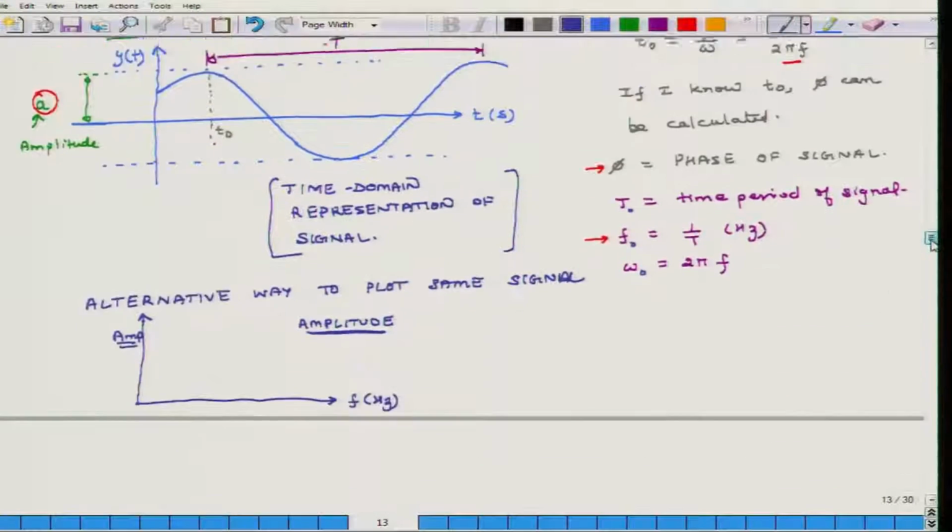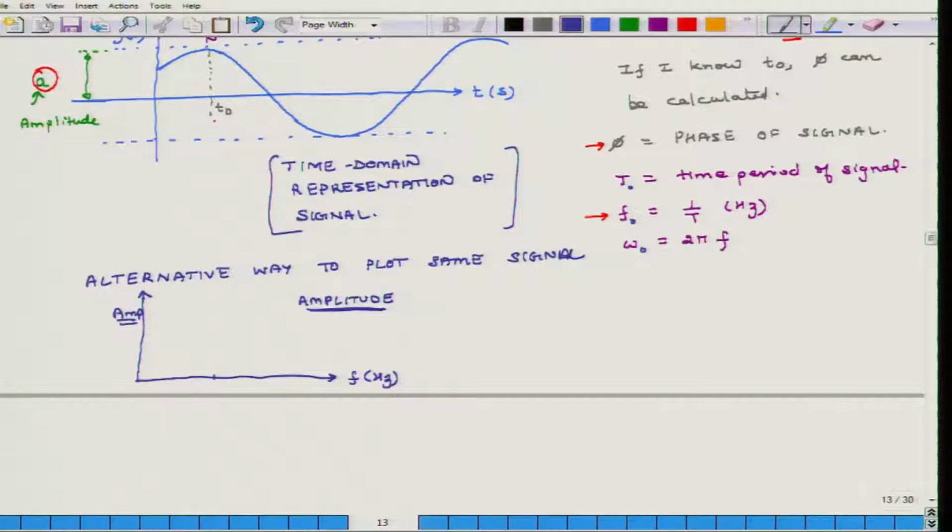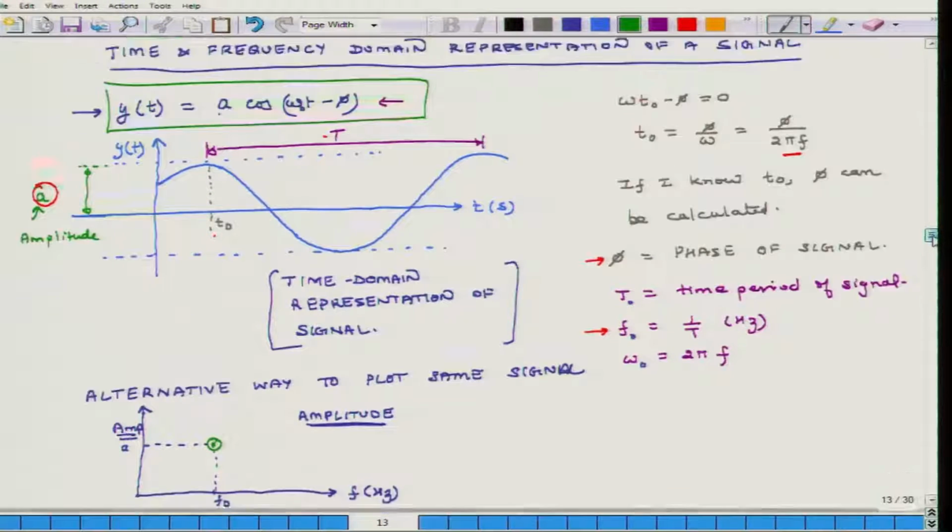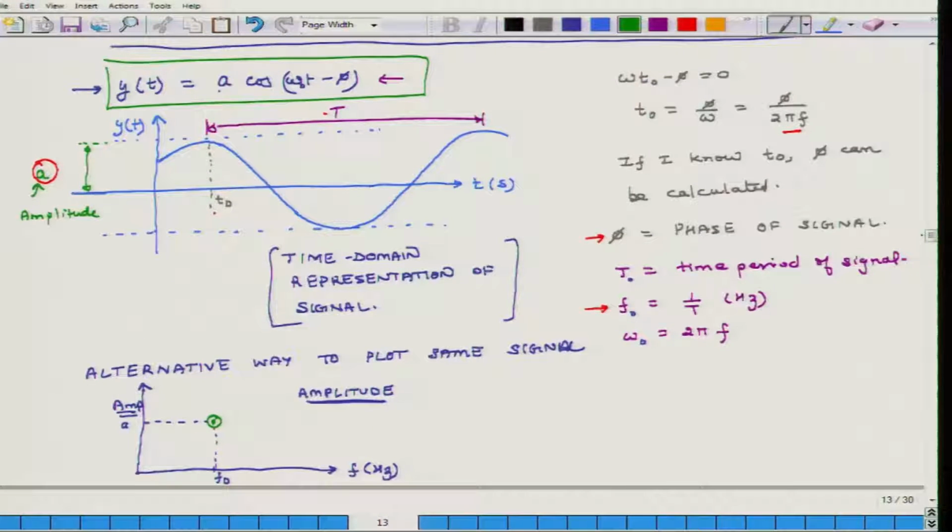Okay. So, at frequency f naught the amplitude is A. So, in the amplitude graph for this signal, what do I have? I have just one point, okay.